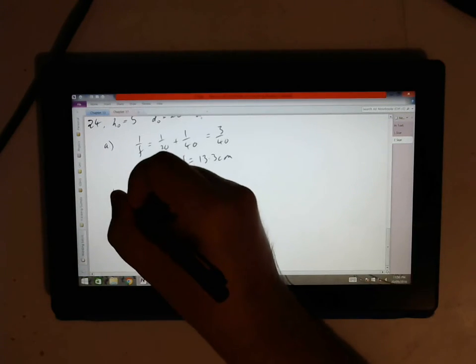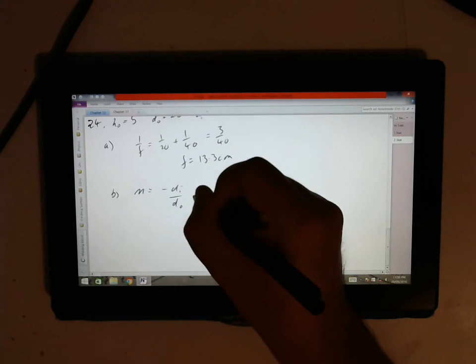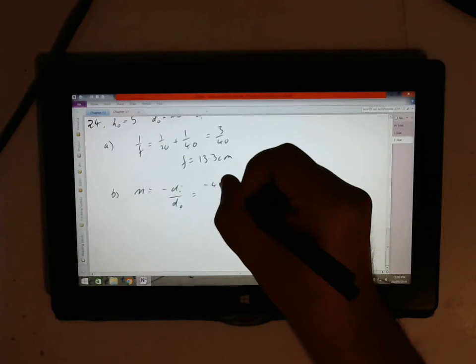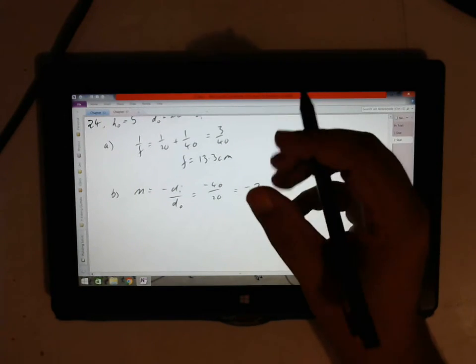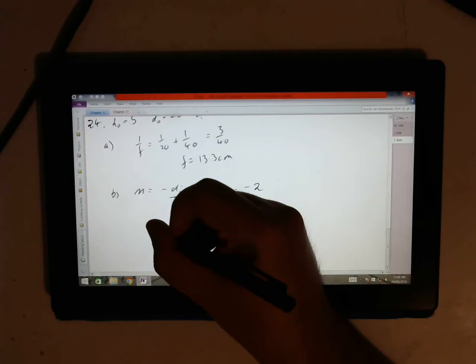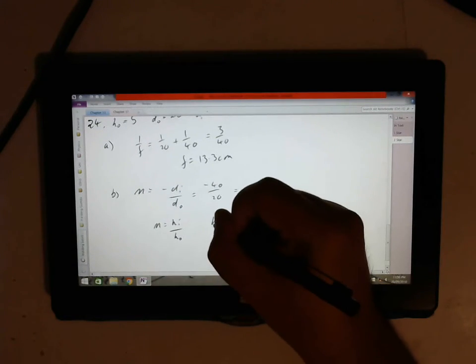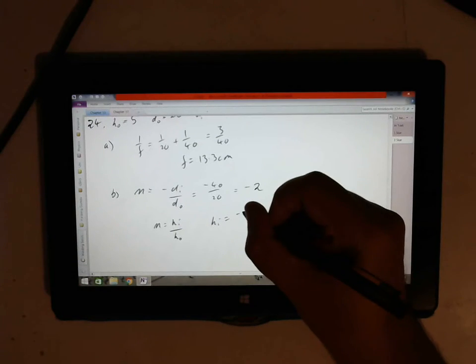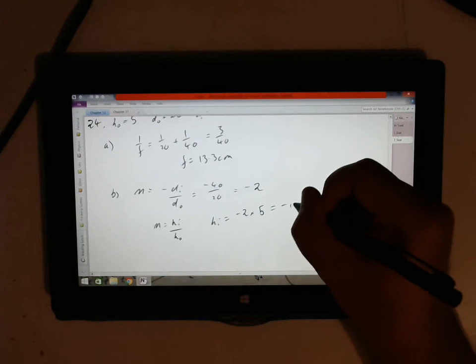So B, M equals negative DI over DO equals -40 over 20 equals -2. Okay, so this number will be useful. And m equals height image over height object. So height image will equal -2 times 5 equals -10.